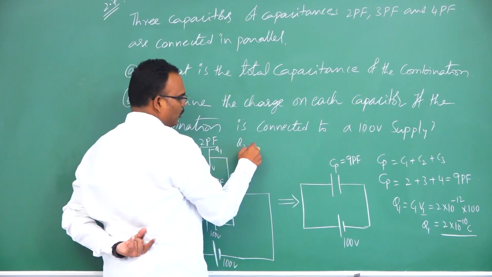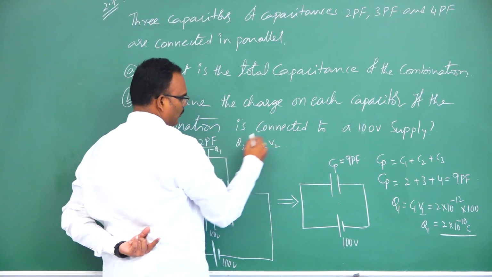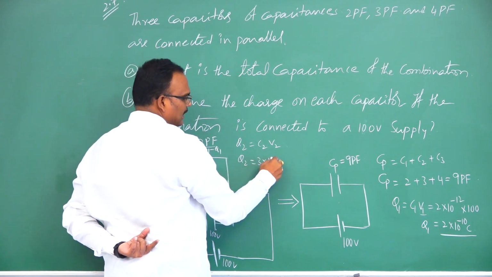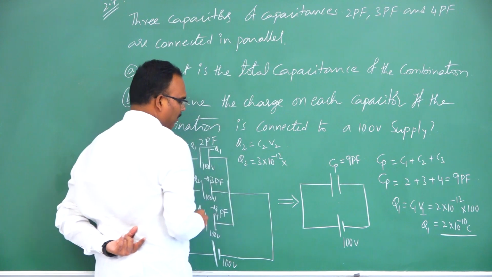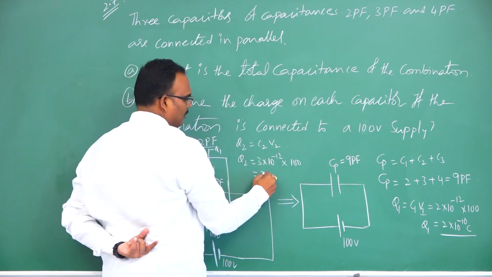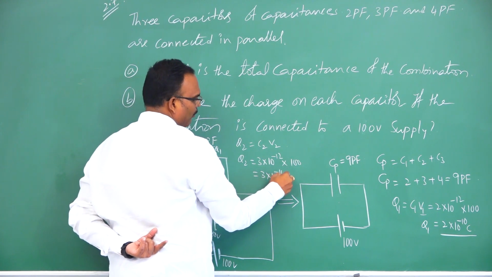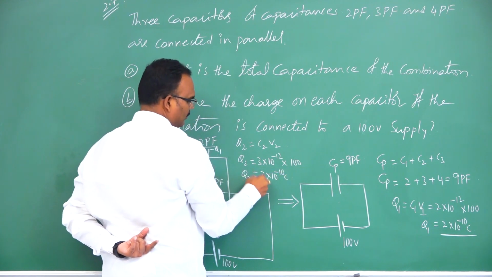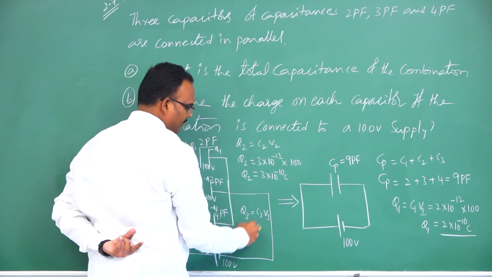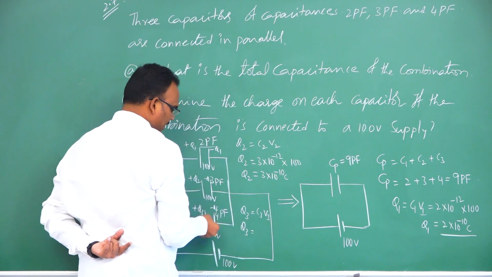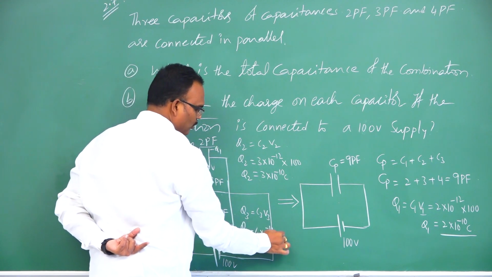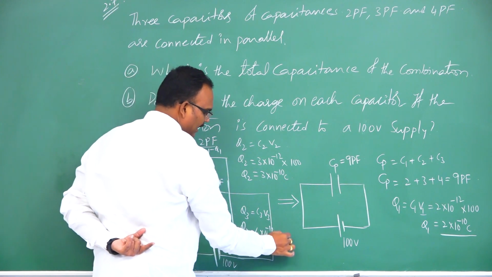For example, Q2 is C2 into V2. Q2 is equal to C2 is 3 picofarad, 3 into 10 to the power of minus 12 and V2 is 100 volt. So answer is 3 into 10 to the power of minus 10 coulomb. Similarly Q3. Q3 is C3 V3. Q3 is equal to C3 is 4 picofarad, 4 into 10 to the power of minus 12 and potential drop is 100.